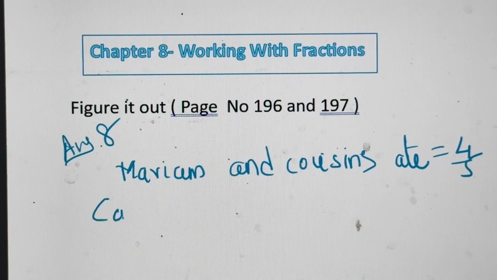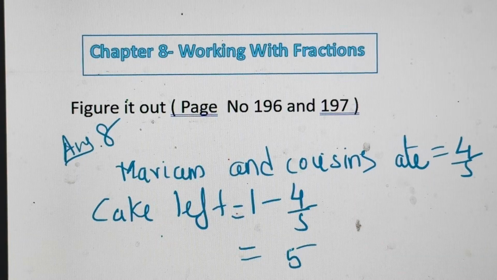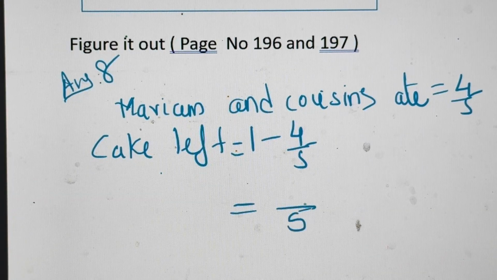So cake left will be 1 minus 4 upon 5. If we find out, the LCM is 5. So 5 minus 4. Let me write it down properly. So we find out the LCM is 5, so we multiply 5 with 1. 5 minus 4, that is 1/5 of the cake is left.